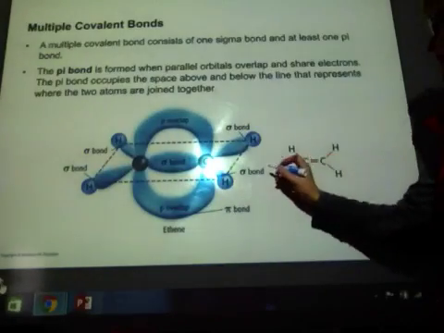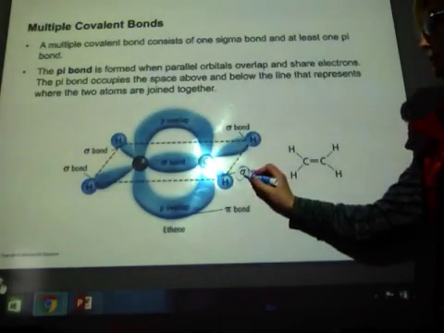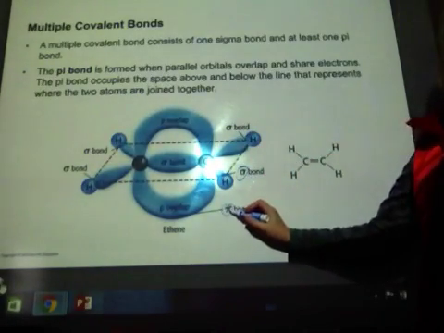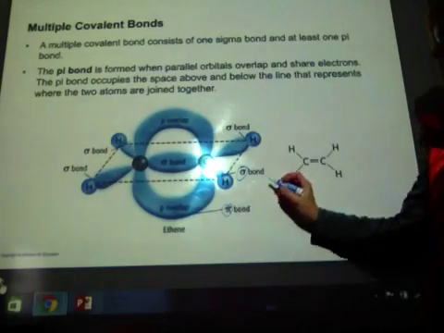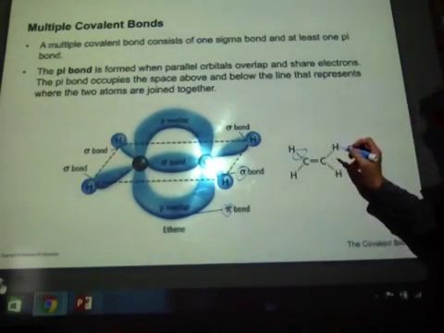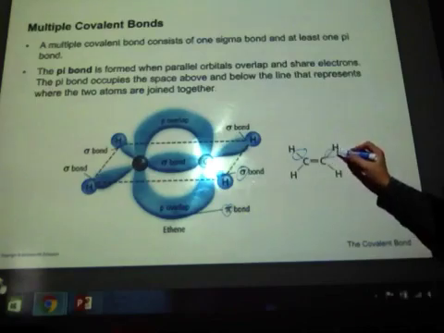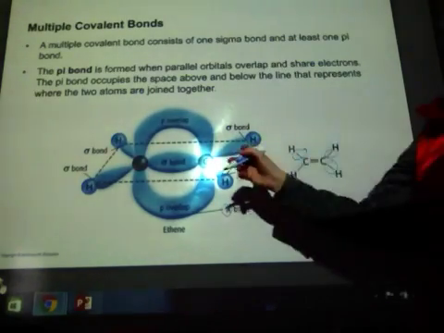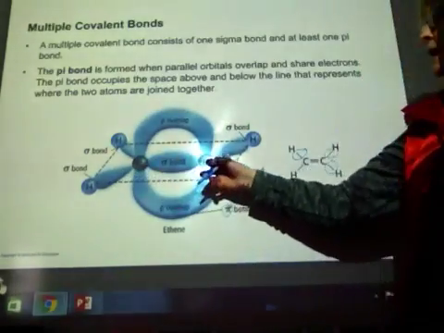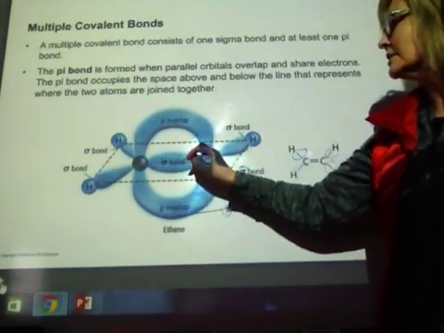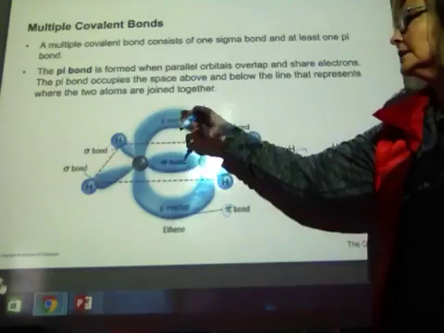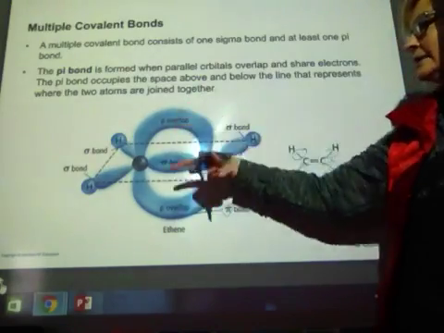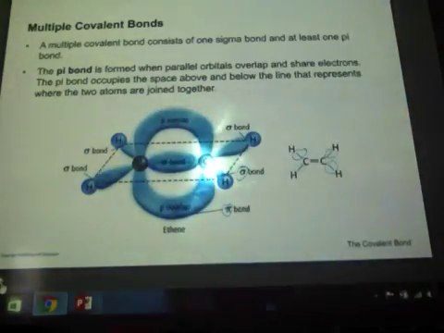This sign means sigma, and this sign from math means pi. So this is a sigma bond, it's a single bond. Sigma, sigma, sigma. And when you look at a multiple bond, there's a sigma in the middle and then a pi bond that goes around it.